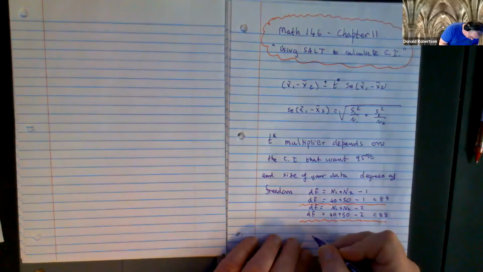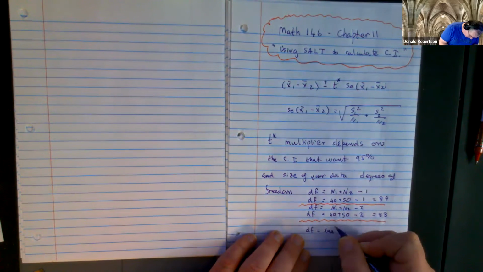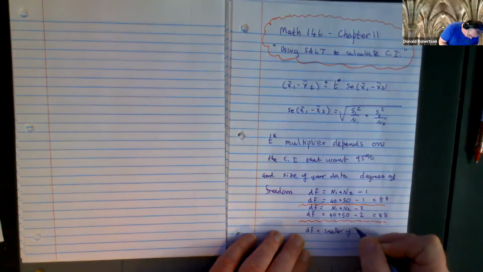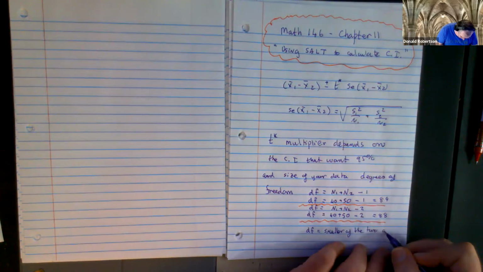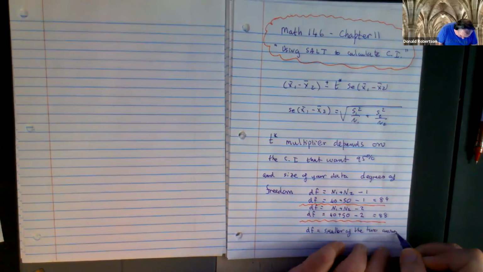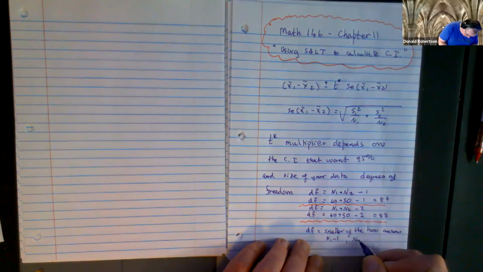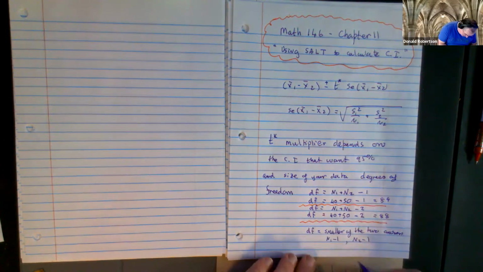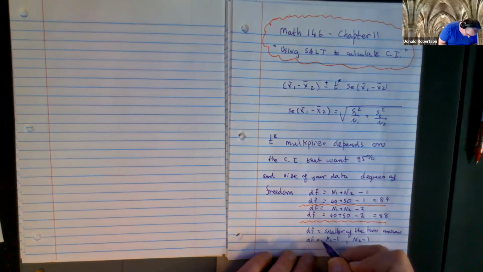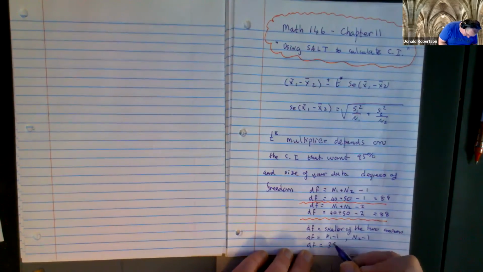The degrees of freedom is the smaller of the two answers. What do I mean by that? It's the smaller one of that guy or that guy. So in this case, that would be 39 and this one would be 49. And so the degrees of freedom in this case up here would actually be 39.